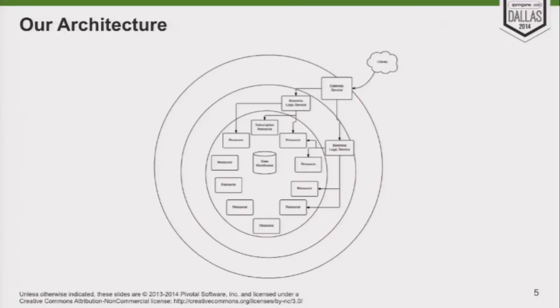Above that, at this second layer, we have business logic services that will interact down into many resources, but they don't interact across that layer. And then stepping up another layer, we have our gateways, which act as the bridge out to clients. They work down to business logic layers and sometimes down to resources, but most of the time go through business logic. And once again, don't go horizontal.